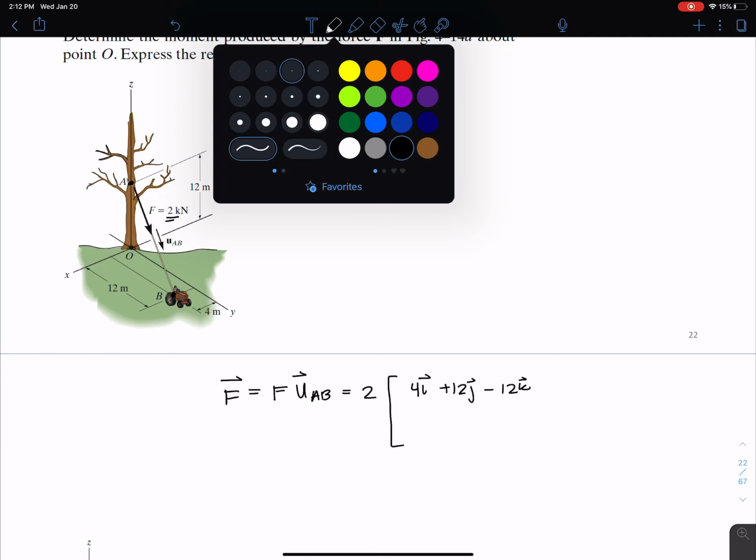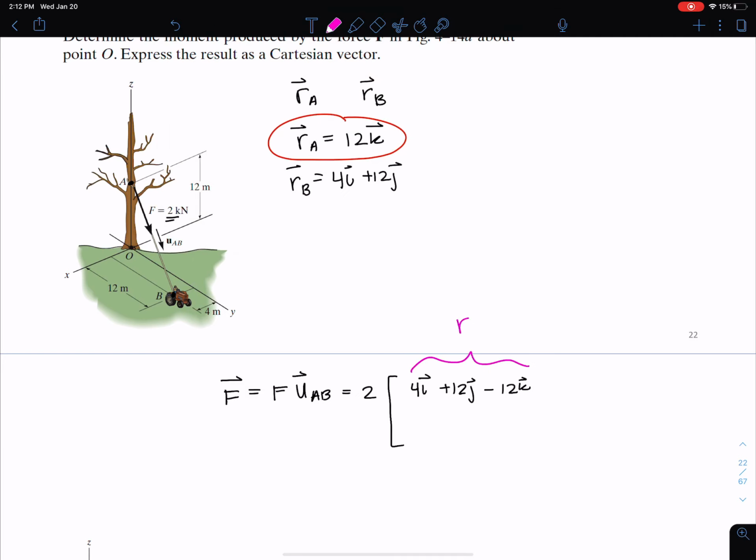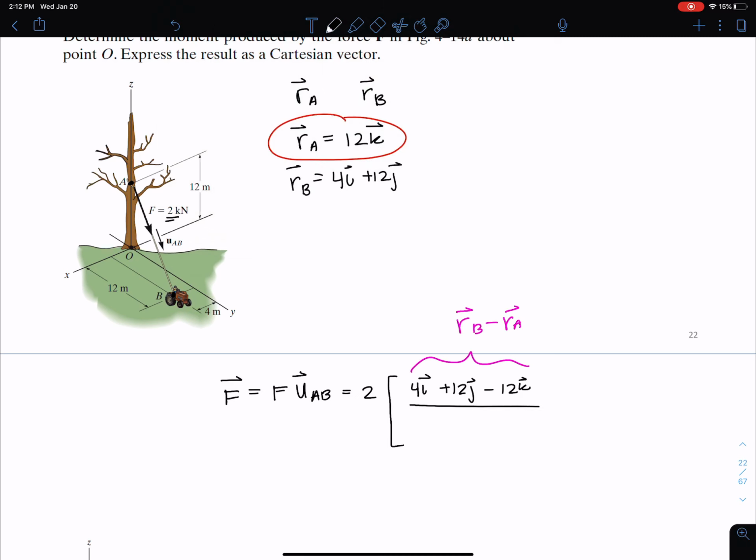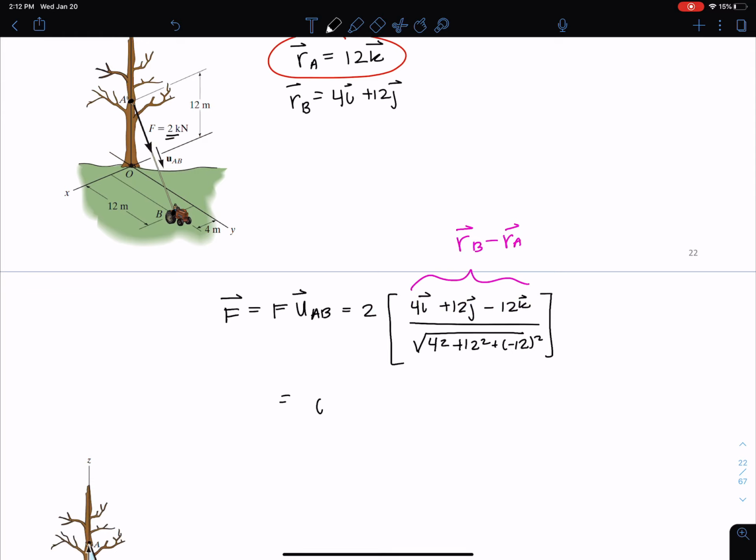This is RB minus RA, the difference there. And then I need to divide that by the magnitude, so 4 squared and so on. I end up getting 0.4588 in the I plus 1.376 in the J minus 1.376 in the K, and this is all in kilonewtons.